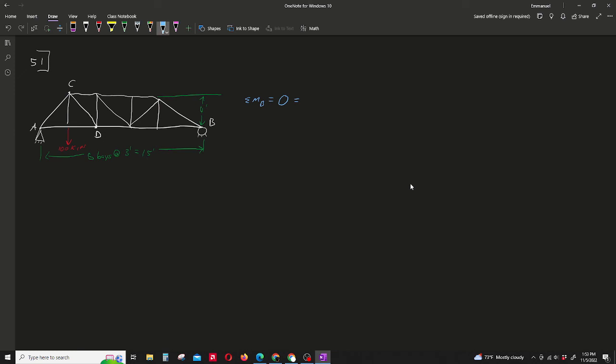And so therefore, we've got our AV equal to 80 kips there.